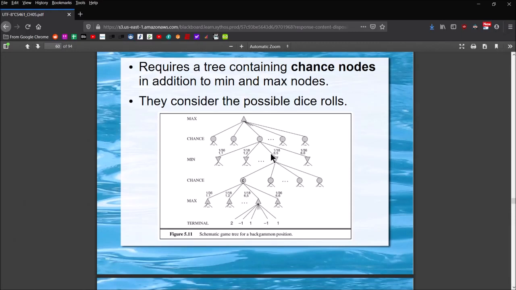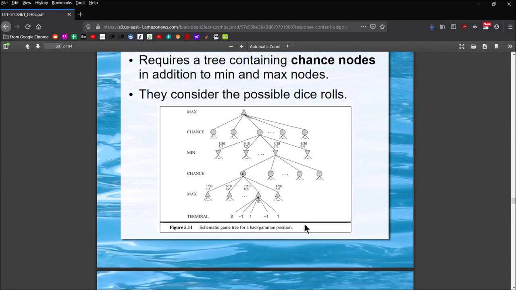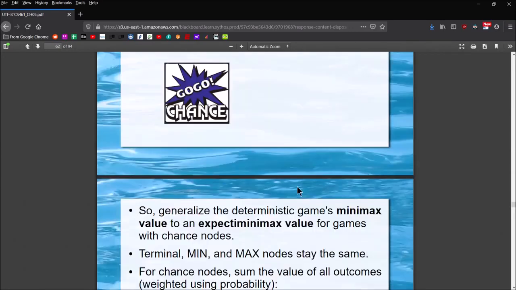So if the player rolled 6-5, then that would lead us to having to make a decision and say, okay, what do we expect could be the possible benefits here? If we have a chance node here, we can average out, based off of the possibilities that could result from subsequent die rolls, and come up with a number to generate these utility values, or these expected values.